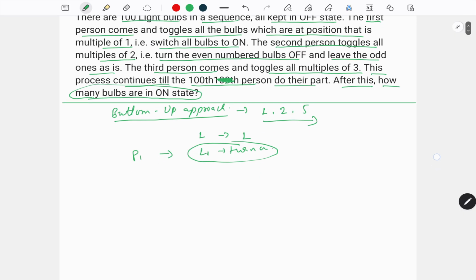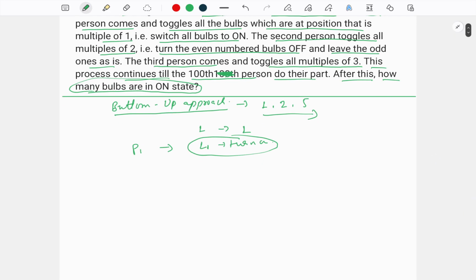Now what if there were two light bulbs, L1 and L2, initially off? Person 1 toggles L1 and L2, and both are on. Now person 2 toggles L2 only. So L1 is on, but L2 is off.